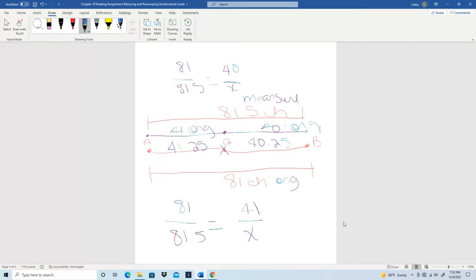Then you would be looking at monuments, naturals first, artificial second. Then you'll start looking at bearing and distance, and then it may be bearing only, then distance, and then area would be the last, because normally those areas say more or less. So it's just a written order of importance.